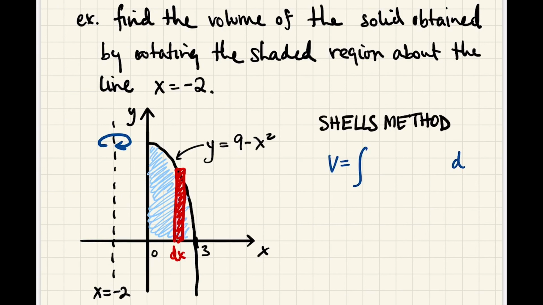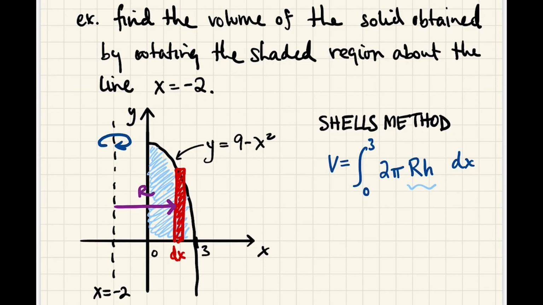And we've settled on integrating with respect to x, which means we need x value bounds. Those are clearly 0 to 3. And our integrand will be 2 pi rh dx. So we just need r and h, of course. Well, what is r? R is this length right there.